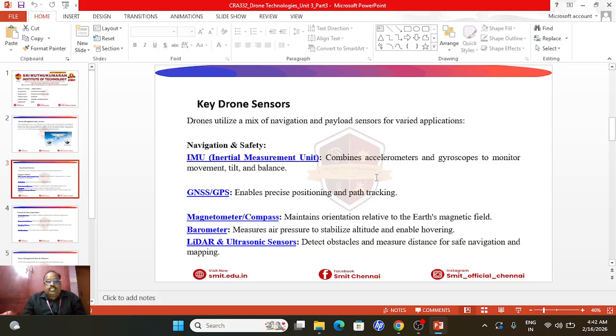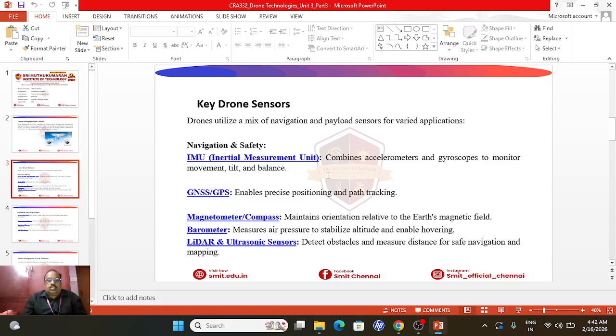The inertial measurement unit works for navigation purposes, and GPS enables precise positioning, and how the drones travel along a certain path with tracking.